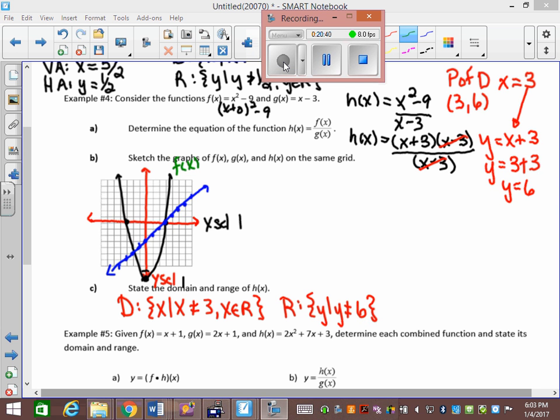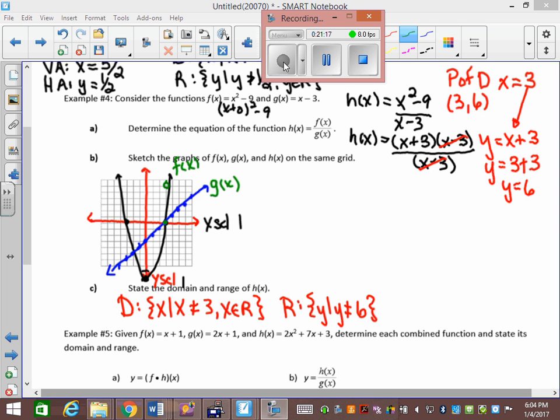So this is g of x here. Okay, asymptotes or points of discontinuity. In this case, we're going to get a point of discontinuity. And it's going to be at 3, because this is where g is 0. So what I'm technically doing is at 3 and 6, I'm going to have a point of discontinuity.